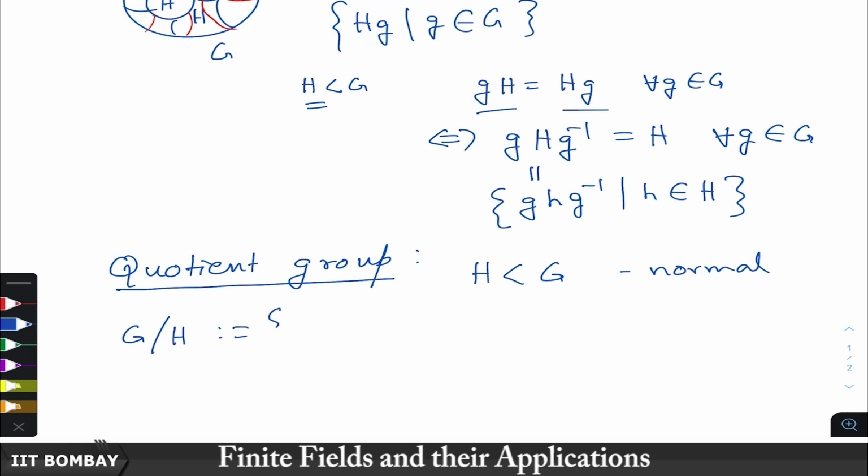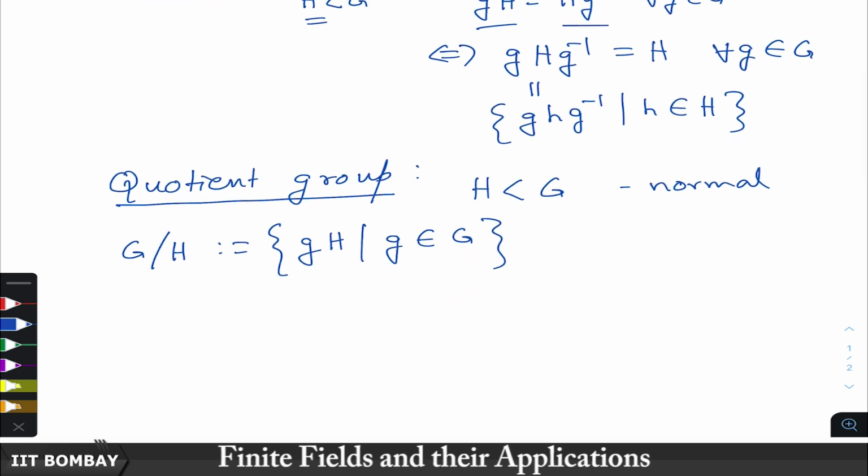This is first of all the set of all cosets. We do not have to say left coset or right coset, because left cosets are the same as the right cosets. We are writing it here as left cosets, but we could have written it as the set of right cosets also, it is the same thing.